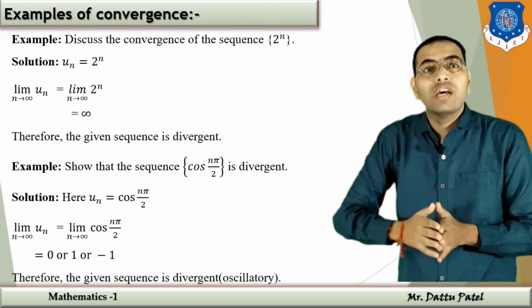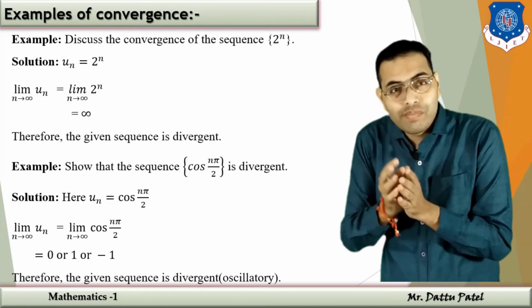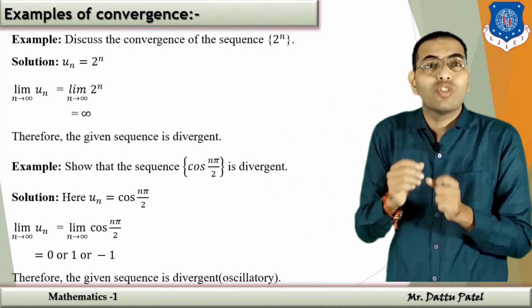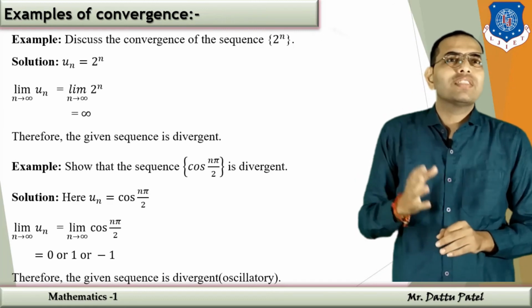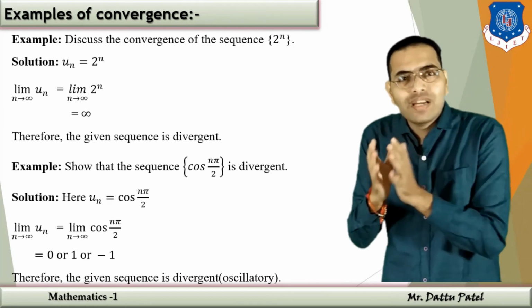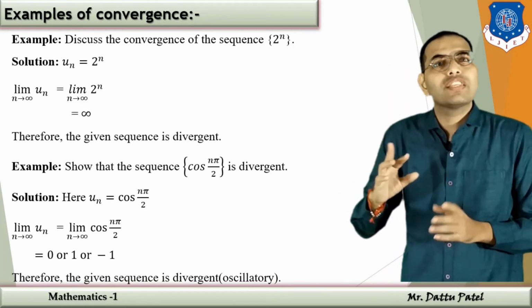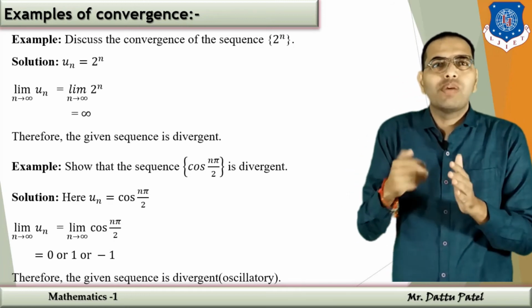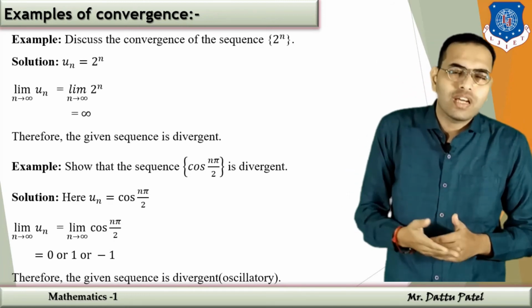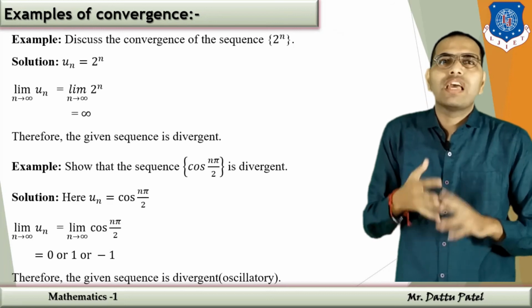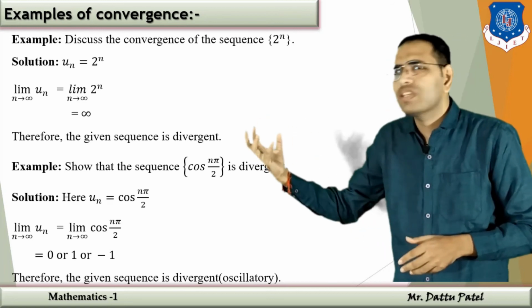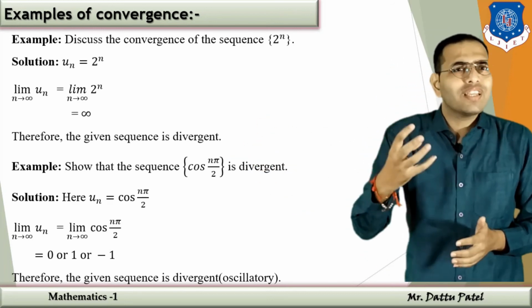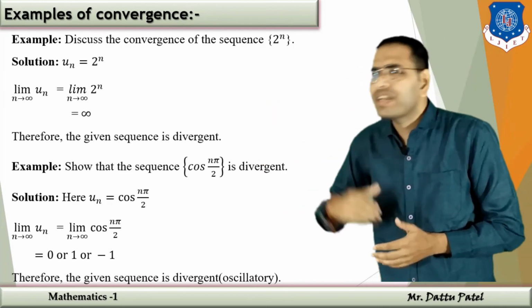This means the limit of this sequence is not unique, so we can say that it is divergent. If the limit of a sequence is not unique, meaning we have more than one answer, here 1, 0, minus 1, then we can say that our sequence is an oscillatory sequence, which is a part of the divergent sequences.